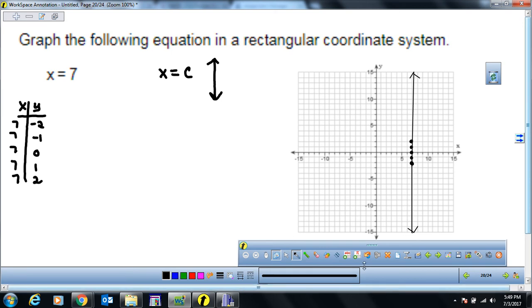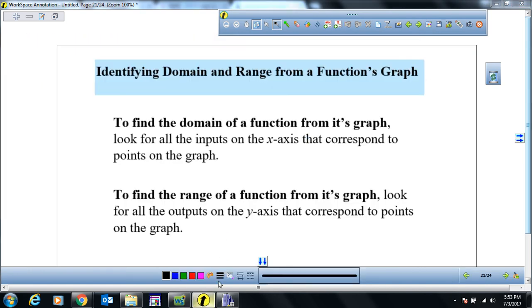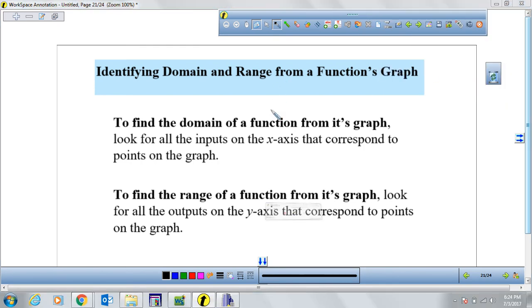Now, this concludes the graph. Now we're going to go over a couple of more items in this section, a couple of definitions that we need to do. Basically, how do we find the domain and range of a function if I show you the graph of it? To find the domain and range given any graph, when you're looking at a graph, you need to include all of the values of x that have a point in the graph.